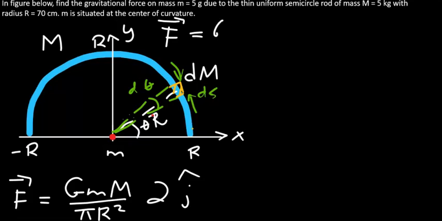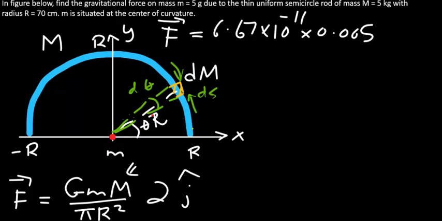Now let's put in the numerical values. Capital G is the universal gravitational constant, so that is 6.67 times 10 to the power minus 11. Little m is 5 grams, so it is 0.005 kg. Capital M is given to be 5 kg, so times 5.